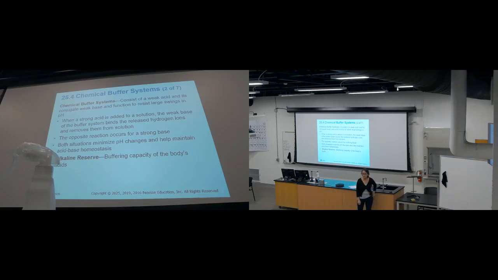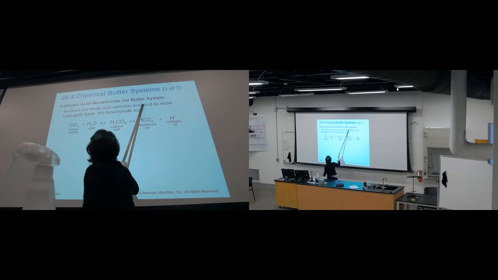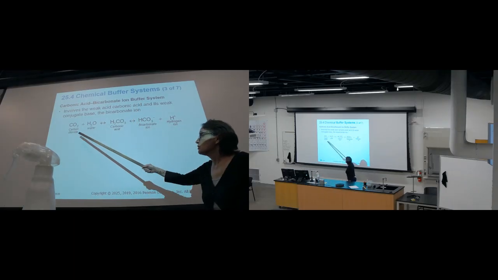So the purpose of having these buffers is just to prevent huge changes in the concentration of hydrogen ions. And then we have a specific amount of bicarbonate, which is an alkaline reserve that has buffering capacity in the body fluids. So here's the chemical reaction then of this carbonic acid bicarbonate ion system.